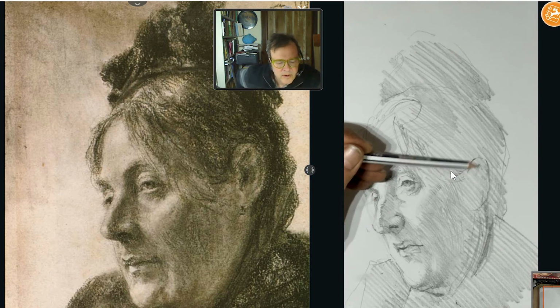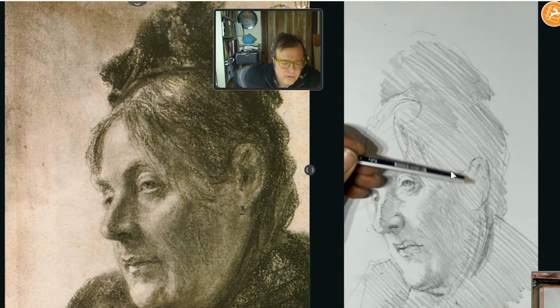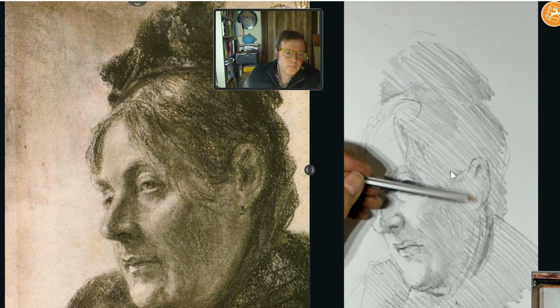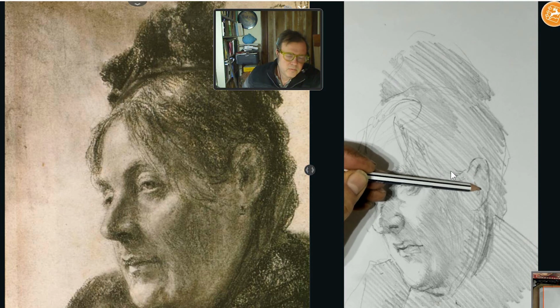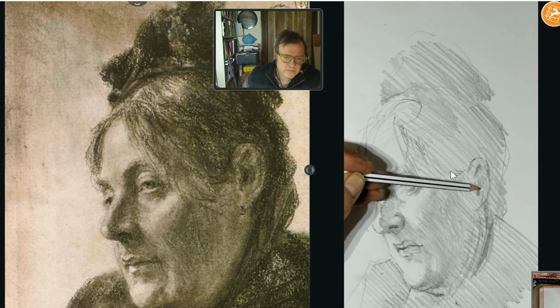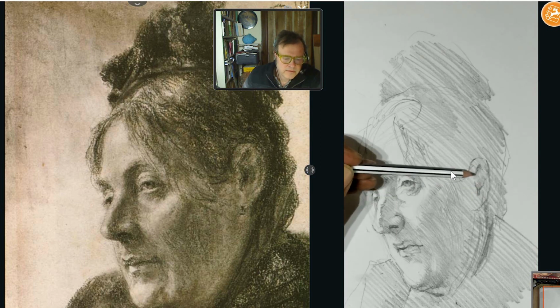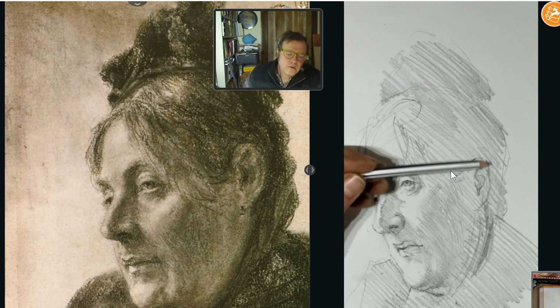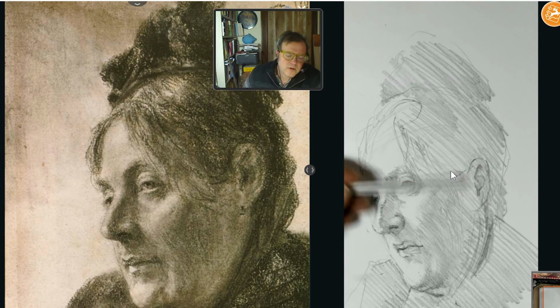And we don't need to show off all our ear knowledge because we can't see too much detail in here, but we can see a little bit of the tragus, antitragus, helix, and then again just sort of push it all back, unify it.